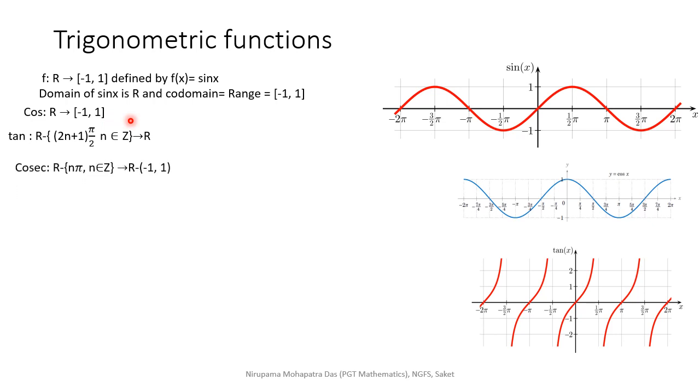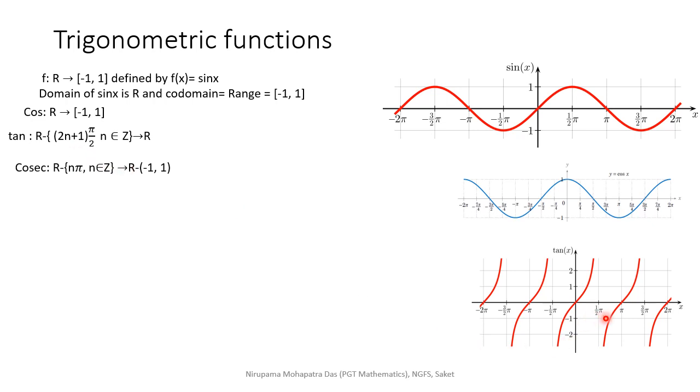Similarly, coming to the tan function, you see again there are some gaps in between. These gaps signify that at these points tan x is not defined. Tan x equals sin x by cos x, so tan x is not defined when cos x equals 0. Cos x equals 0 means x equals an odd multiple of pi by 2, right?